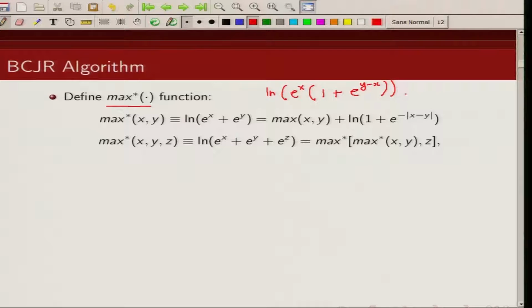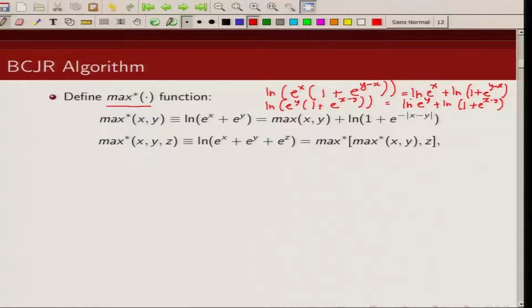Now, this can be written as log of e to the power x plus log of (1 plus e to the power y minus x). Or I can also write the same thing as log of e to the power y times (1 plus e to the power x minus y), which is log of e to the power y plus log of (1 plus e to the power x minus y).